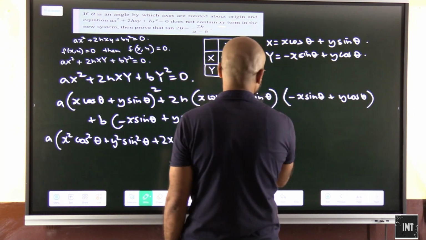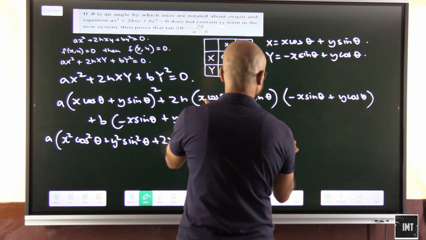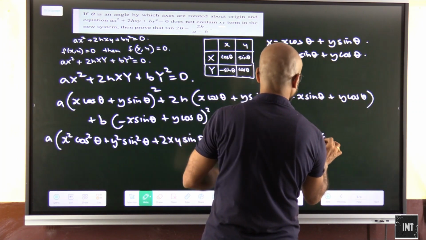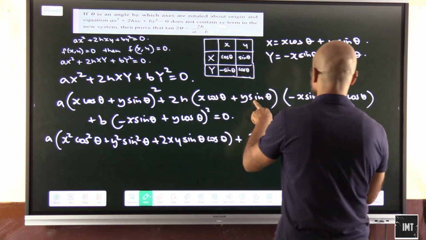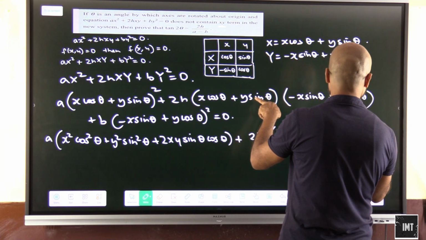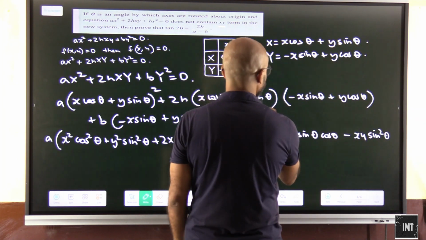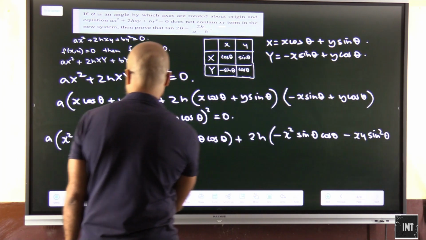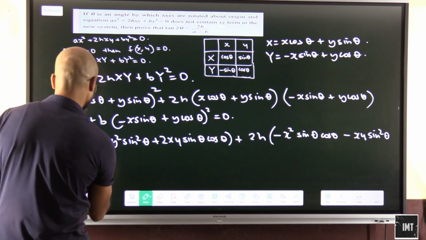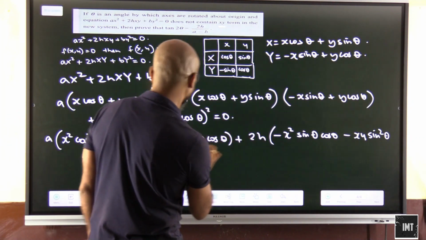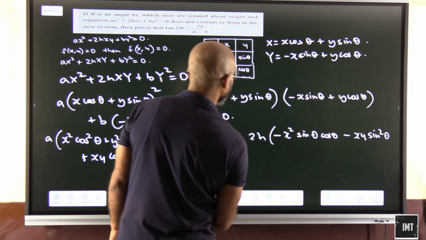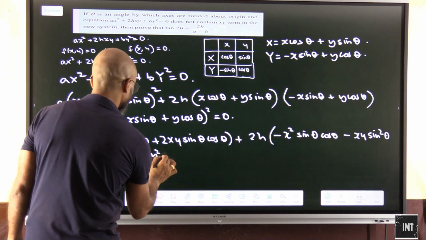So this will be x cos theta into this, minus x square sin theta cos theta, minus xy sin square theta, plus xy cos theta into cos theta, that will be cos square theta, plus y square sin theta cos theta.